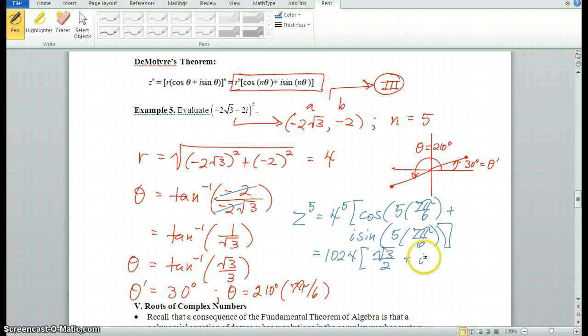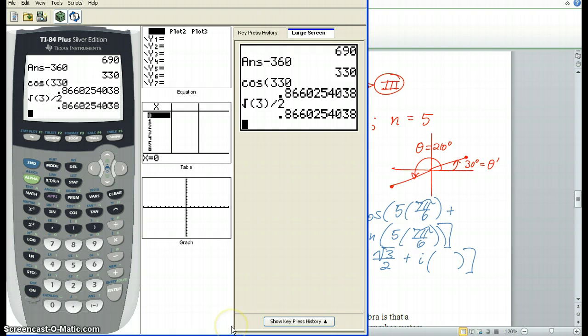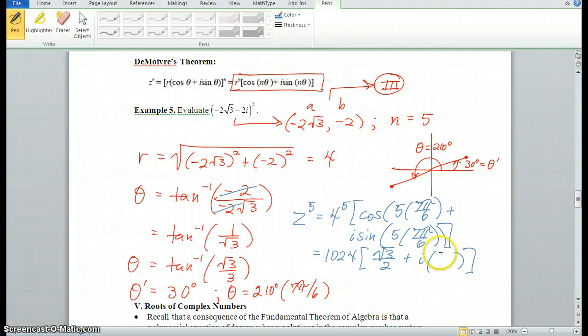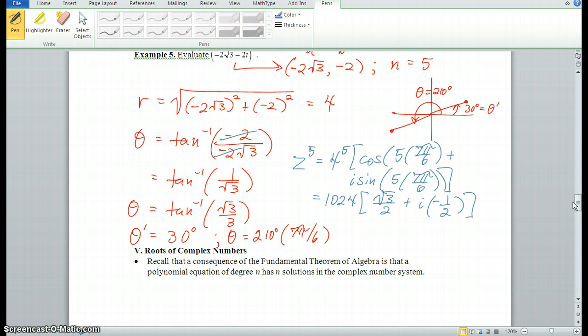And I will do the math once again on the calculator, even though we should all be very familiar and comfortable with the sine of 330 as well. Okay, so that's negative 1/2. But again, on the unit circle, radical 3 over 2 comma negative 1/2 is what that particular x and y coordinate happens to be.